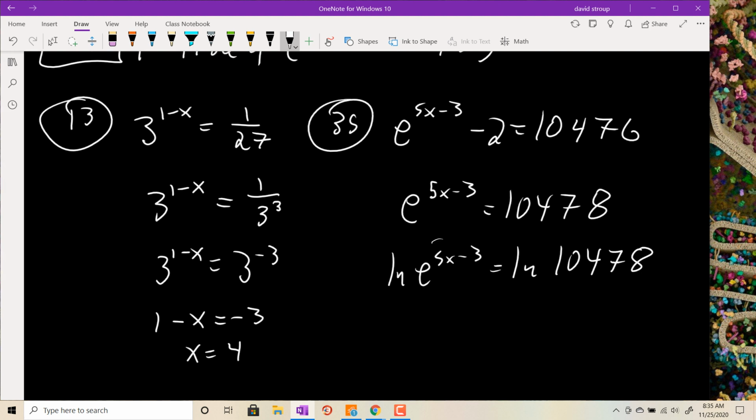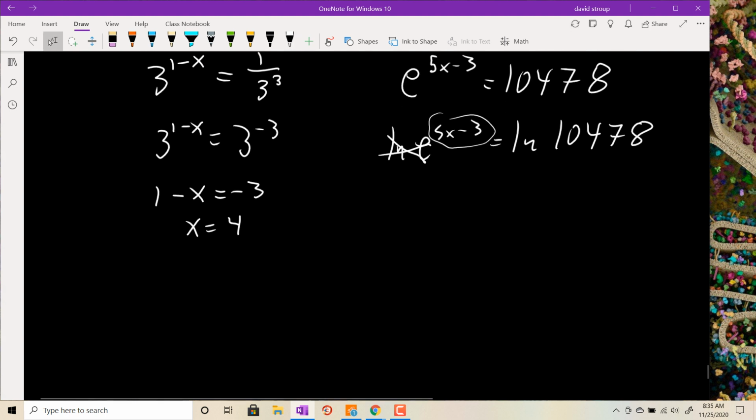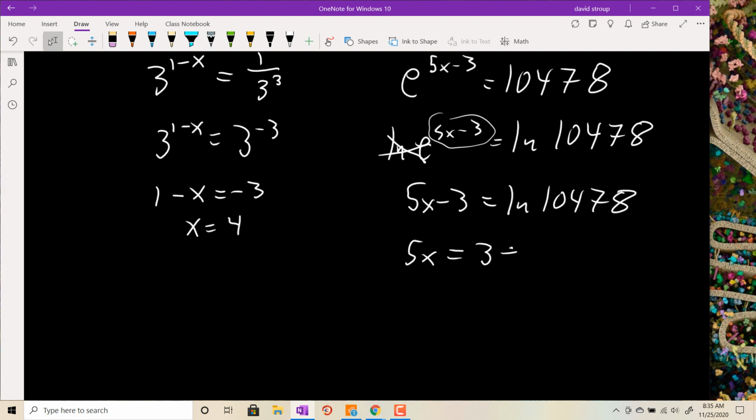Okay. And then use a power rule, or just note that ln and e are inverses, so they'll cancel each other out, and that'll become 5x minus 3. Isolate the variable term. Divide both sides by 5.